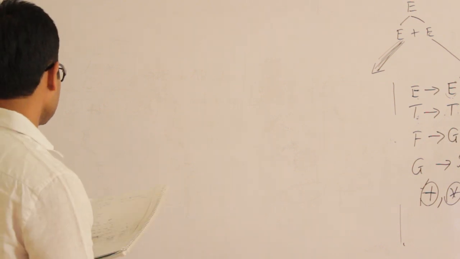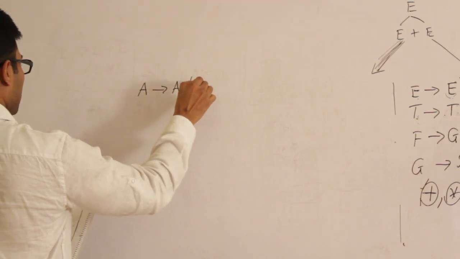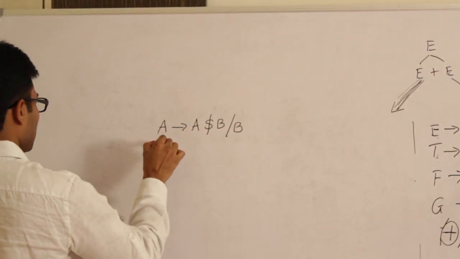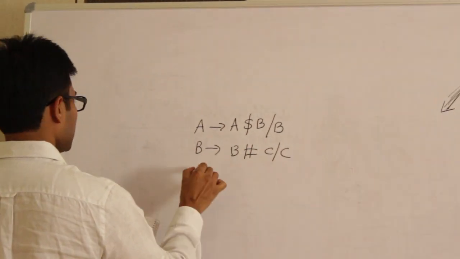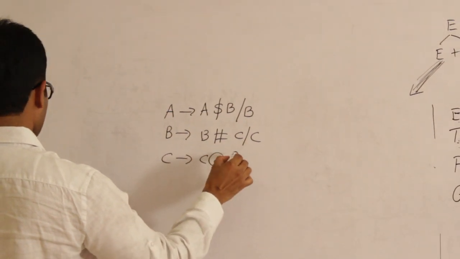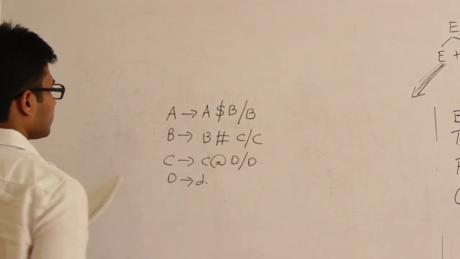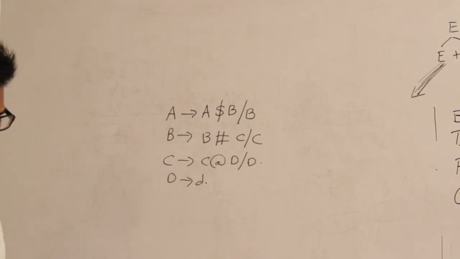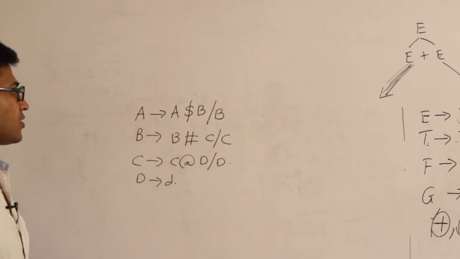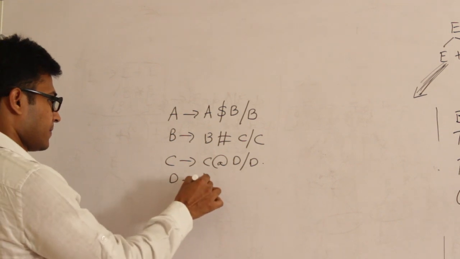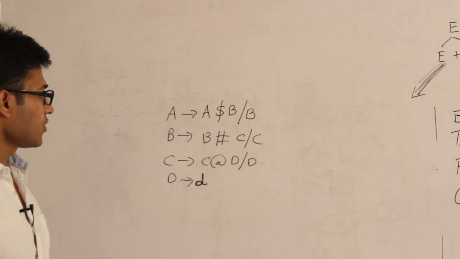A derives A $ B, B derives B # C, C derives C @ D or D, and then D derives small d. Okay, so in this, what do you understand about the associativity and precedence of various operators? Dollar, hash and @ are operators, and small d is a terminal, an operand.